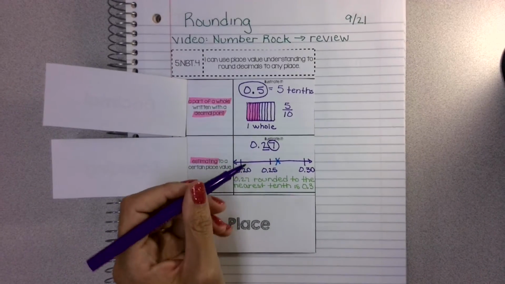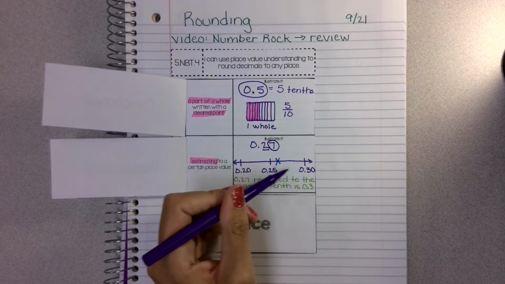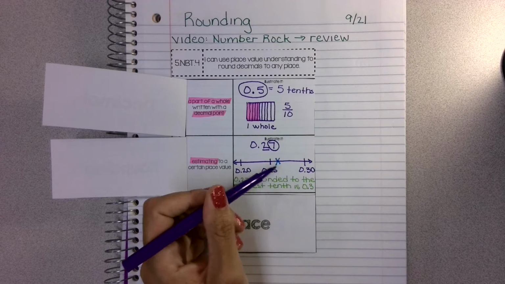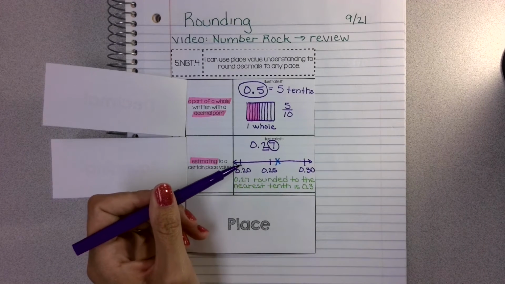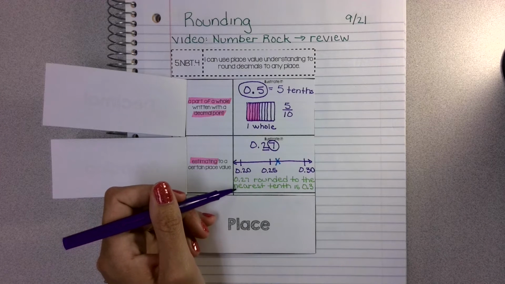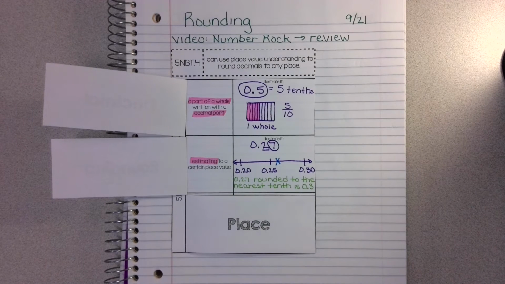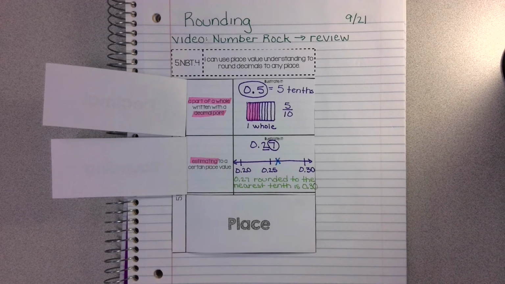So if I have 20 hundredths, 25 hundredths, 30 hundredths, 27 hundredths goes in between 25 and 30. So it's bigger, it's closer to 30 hundredths than it is to 20 hundredths. So 27 hundredths rounded to the nearest tenth is, I'm going to write 30 hundredths on there. I think that makes a little bit more sense.